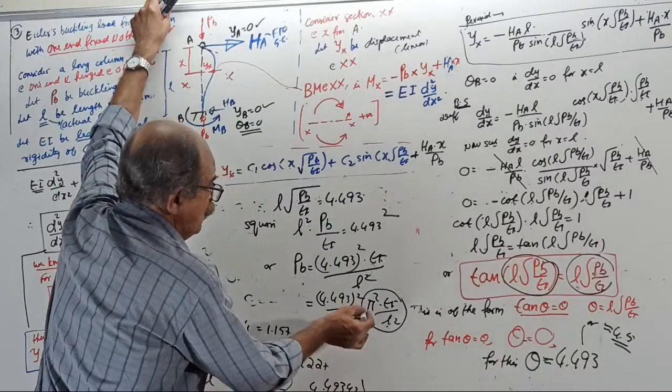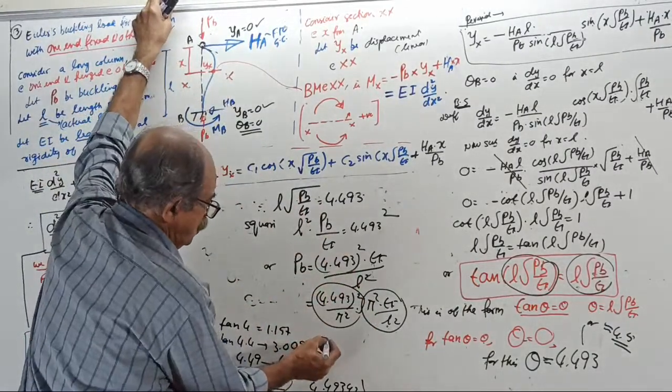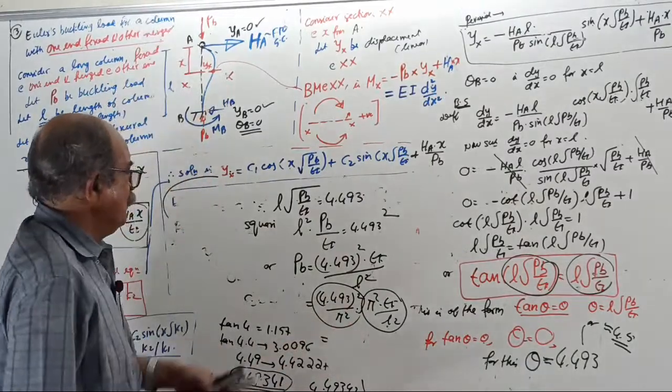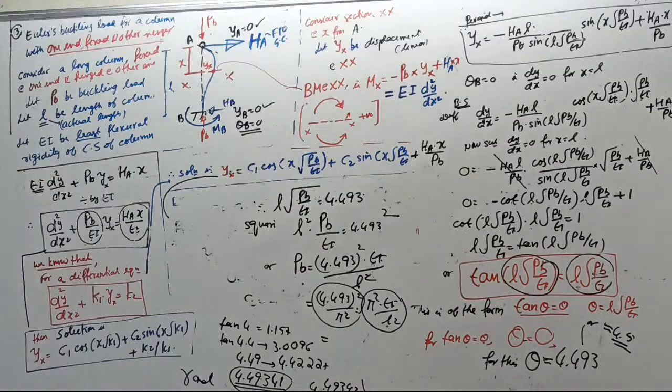Now tell me, what is the number? Take pi square outside; the number is 4.493 square by pi square. Everybody wants it in terms of pi square, so take out pi square.